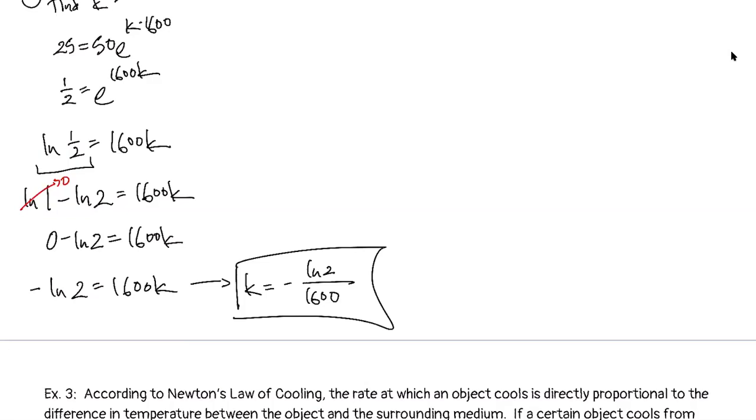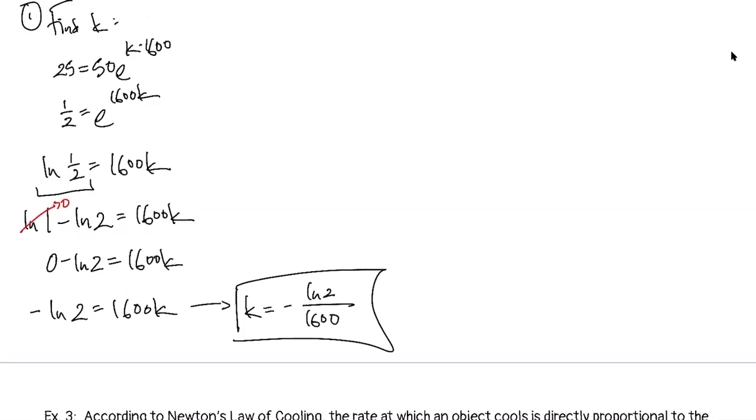Right? So if we put this back into our general equation, so we can find out the amount left at any time, it is just going to be x equals 50 e to the negative t natural log 2 over 1600.